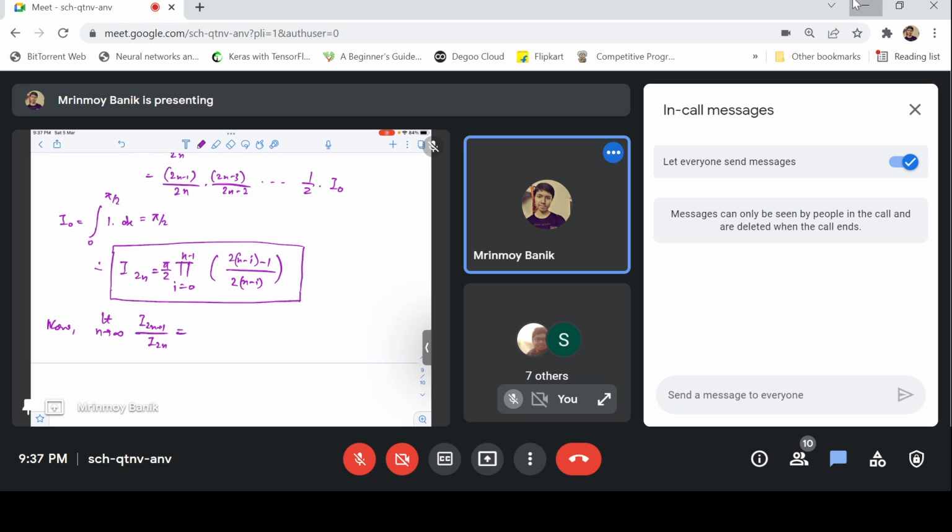Now expanding, so it's 2 e power minus 4n, n power 4n plus 2, sorry, it was half, so n power 4n plus 2.